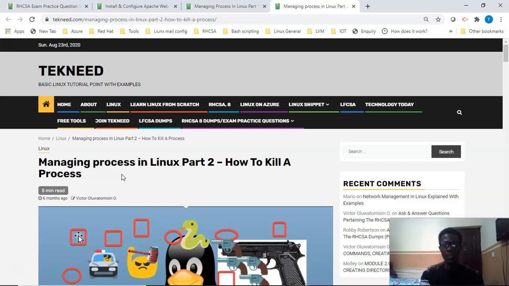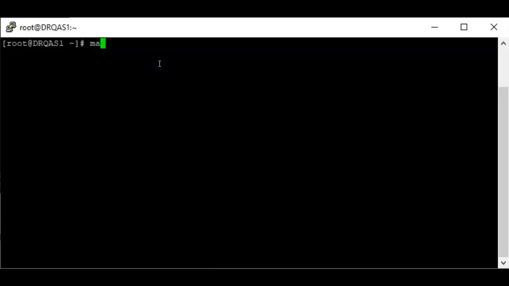There are many types of signals available in Linux that you can send to processes. Let's check the man page of signals to understand what some of these signals are. The man 7 will give us the types of signals we have.